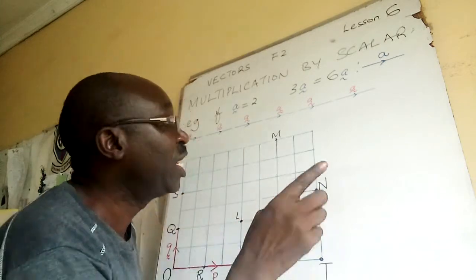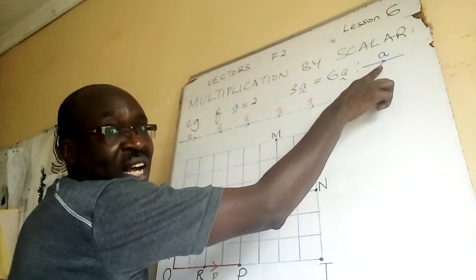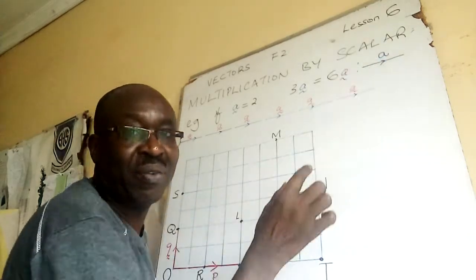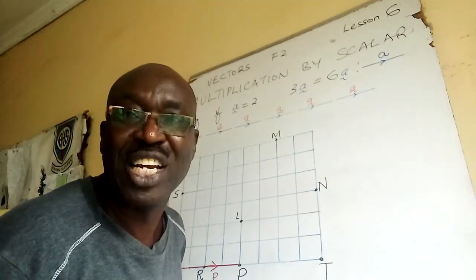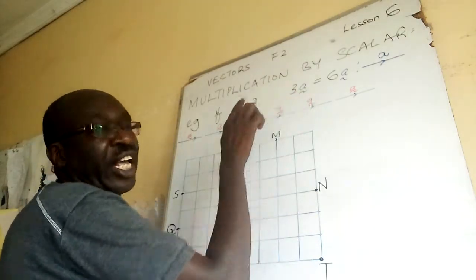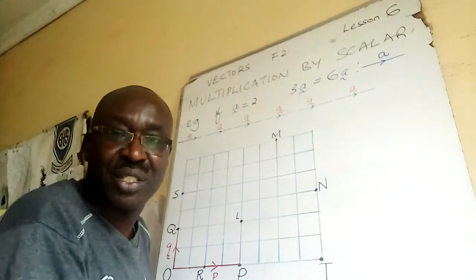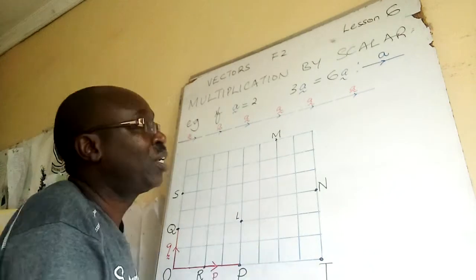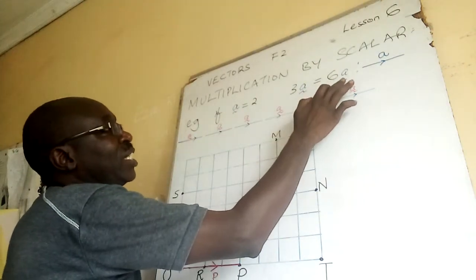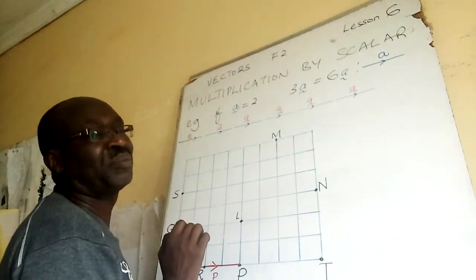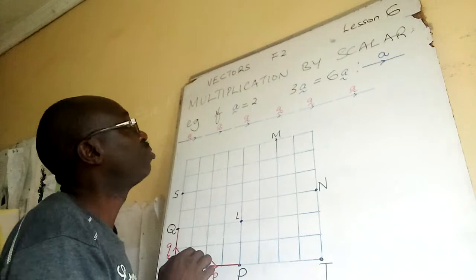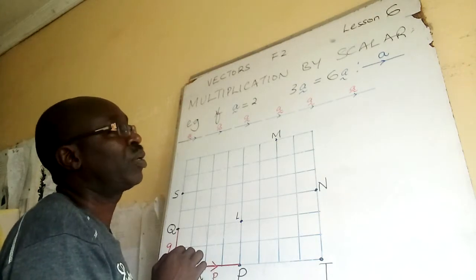Let this A have a length of 2 centimeters, for example. Then if I tell you 3A, do it 3 times, okay? So you get 6A. So you have to do these 6 of them, okay?